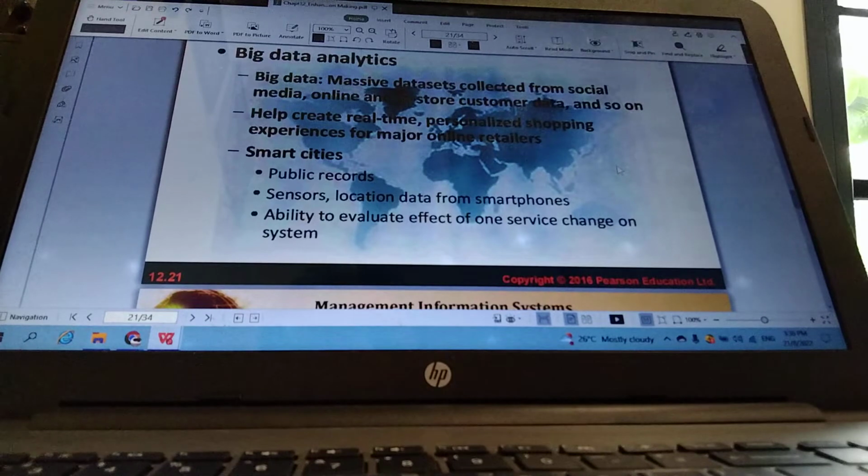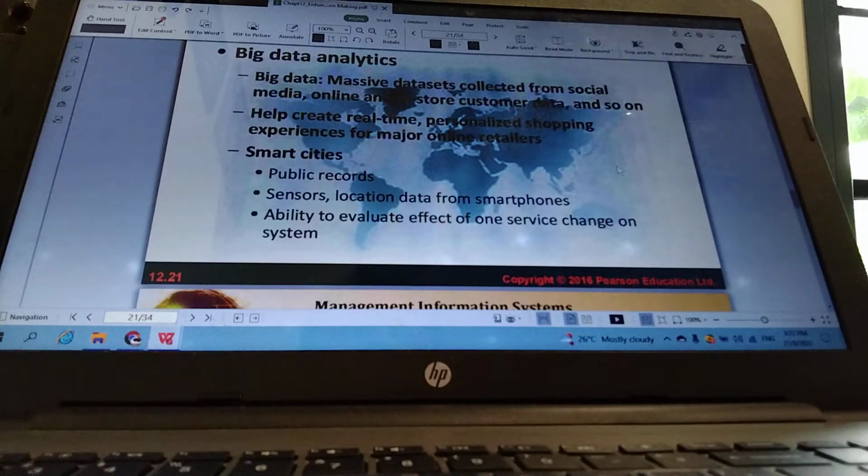Moving on, the ability to evaluate the effect of one service change on the system is also part of the big data analytic features as part of the intelligent system. In fact, the list is quite long.